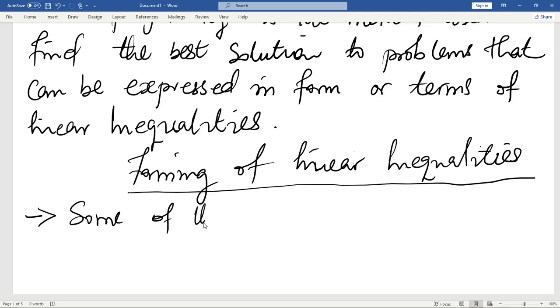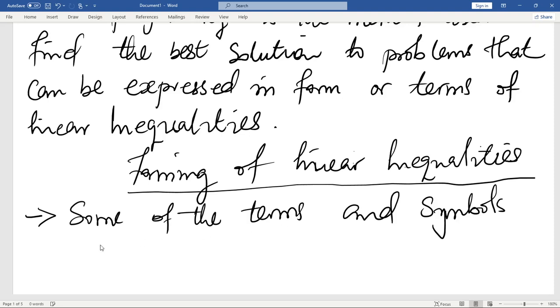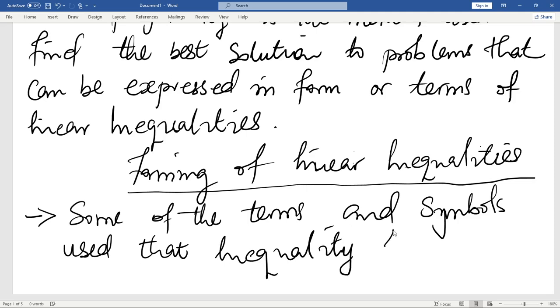Some of the terms and symbols used to describe, or let me use the word imply here, some of the words or symbols that are used that imply inequality include.